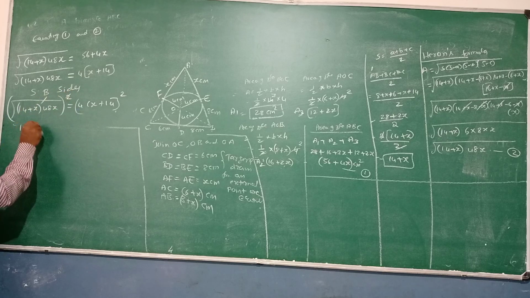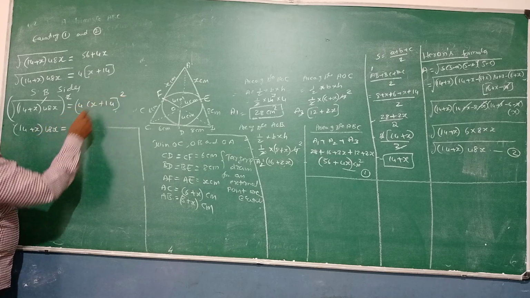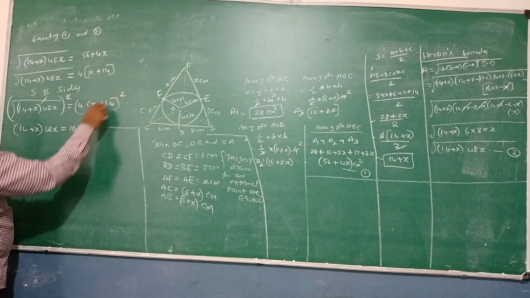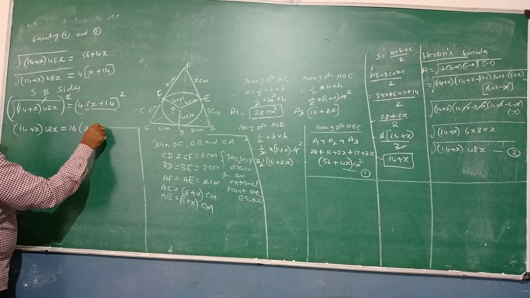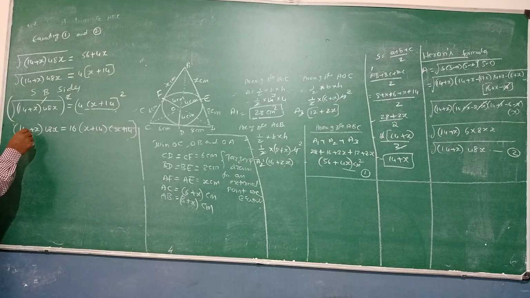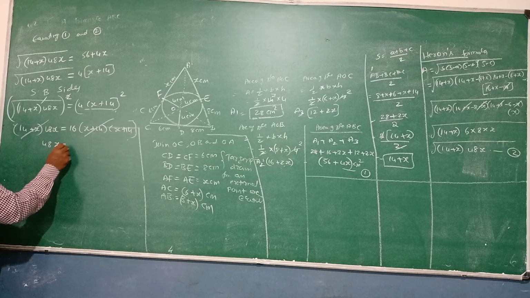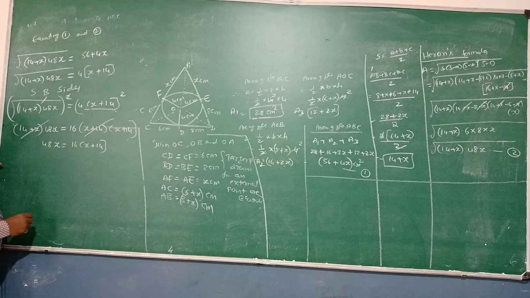What is left over here? 14 plus x into 48x is equal to 4 fours are 16, squaring. This is x plus 14 whole square, x plus 14 into x plus 14. x plus 14 cancel. 48x is equal to 16 into x plus 14.